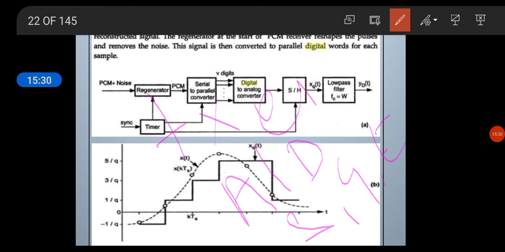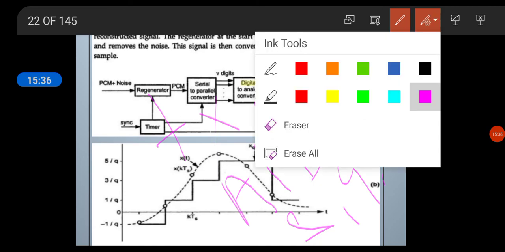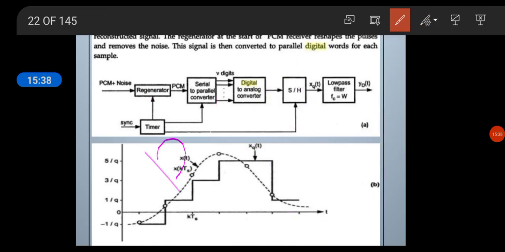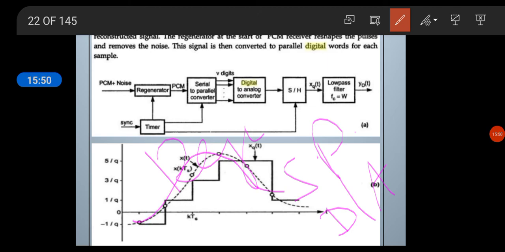After that we converted parallel to serial. In the receiver we have performed repeaters and serial to parallel conversion. After that we performed D to A conversion. In order to get the original message signal, we pass the sampled signal into a low pass filter.